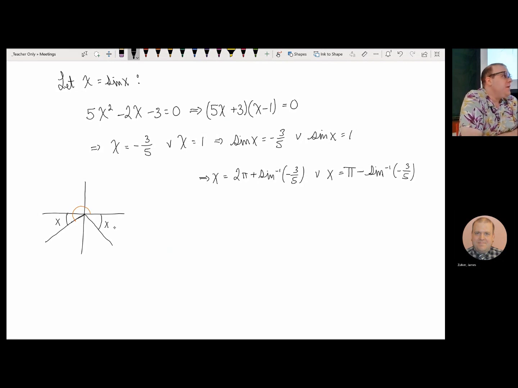This is not between 0 and 2 pi if you take the inverse sine. This is going to give you a value between minus pi over 2 and 0, because the range is minus pi over 2 to pi over 2. So you have to add 2 pi to it to get it between 0 and 2 pi.